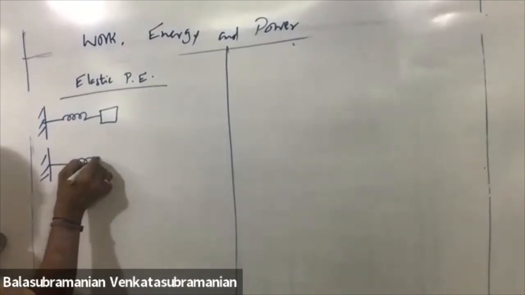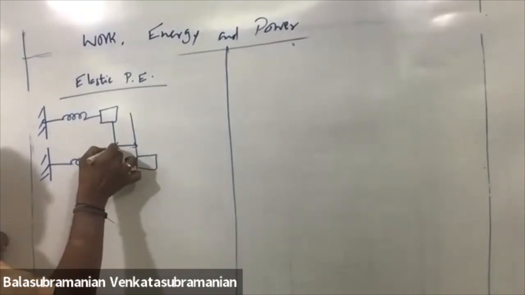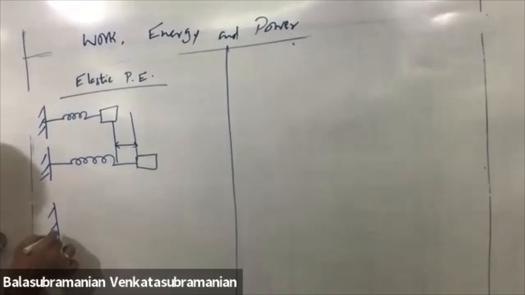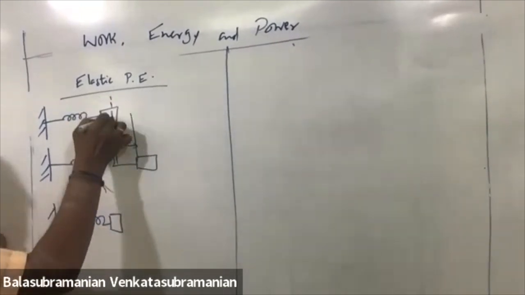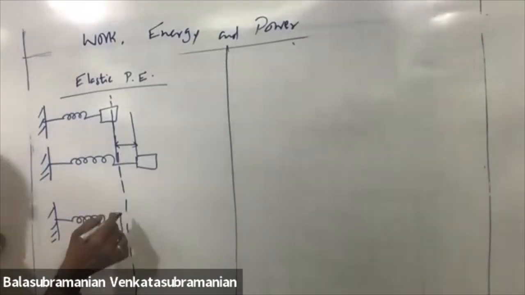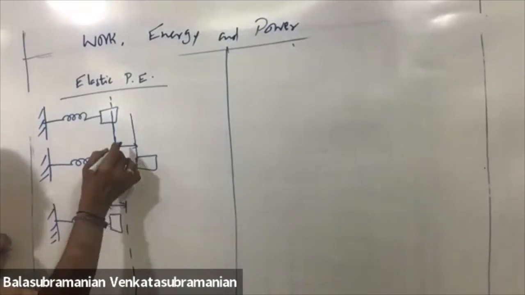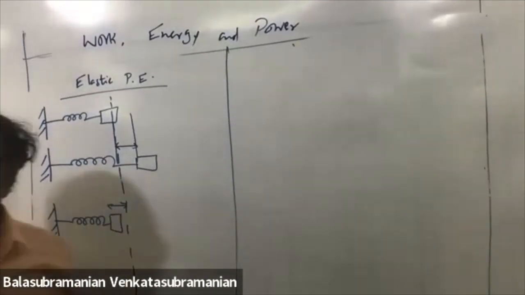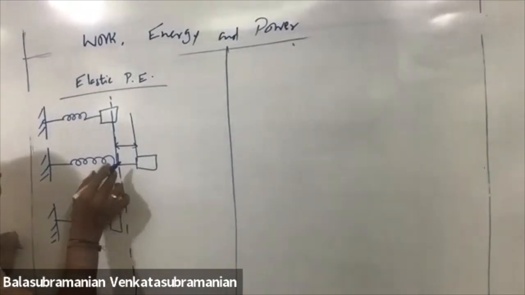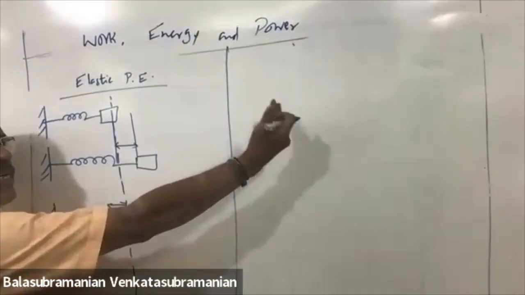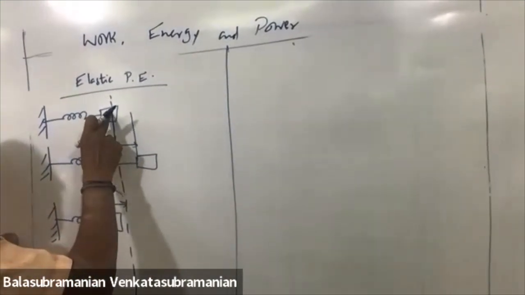You are elongating the spring and you are compressing the spring. This is called elongation, this is called compression, and this is the original position.